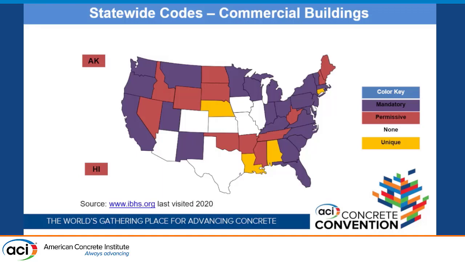Then we have the white states, which have no statewide code. And the yellow states are kind of unique. Alabama says, yes, you have to follow the building code, but only for theaters and places of assembly and motels, places where there's transient occupancy. So every state is different.